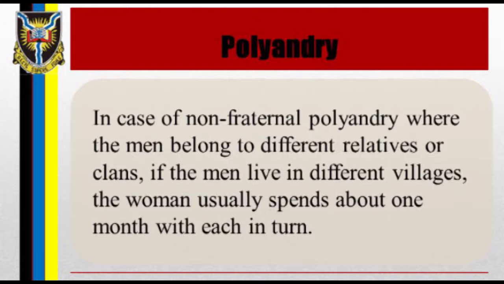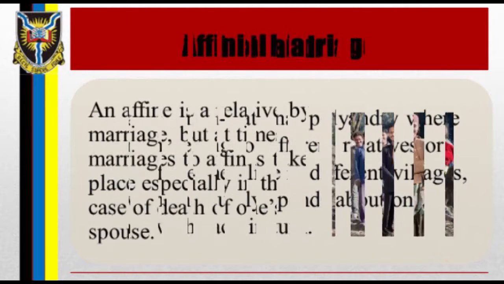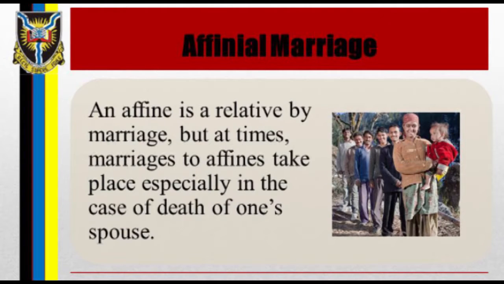The first man to give the bow claims the first 2 or 3 children, and the sequence is then followed. This arrangement often leads to disputes and bickering. Hence, fraternal polyandry is often preferred. Polygyny and polyandry marriages, affinal marriage, levirate and sororate.